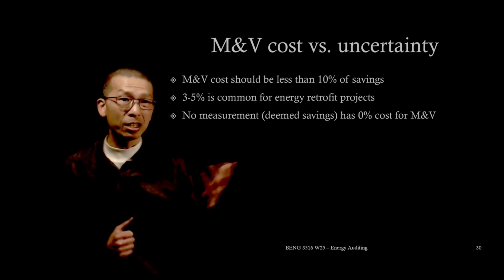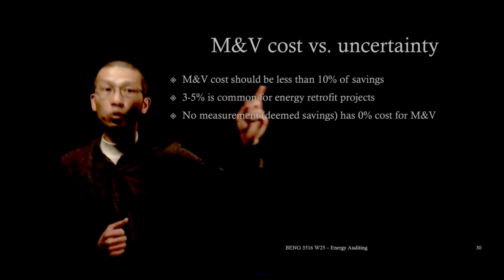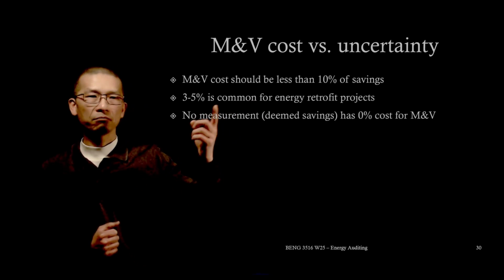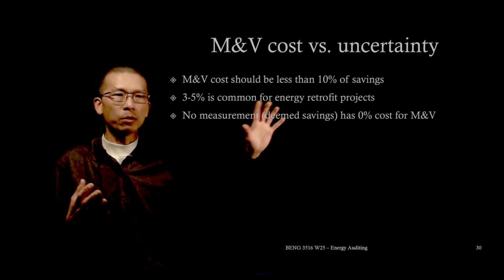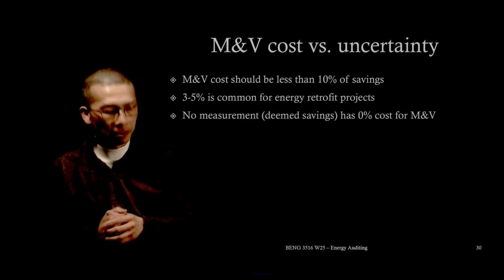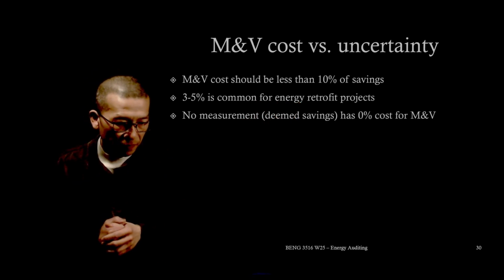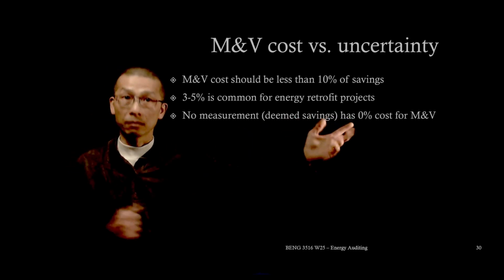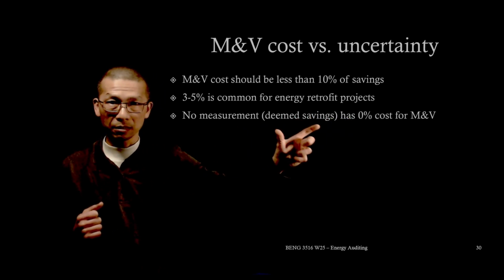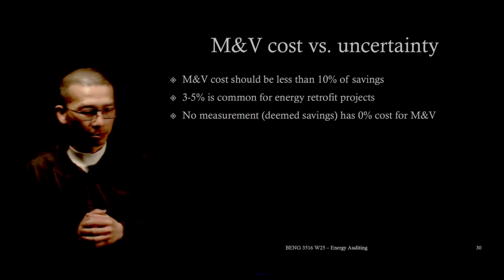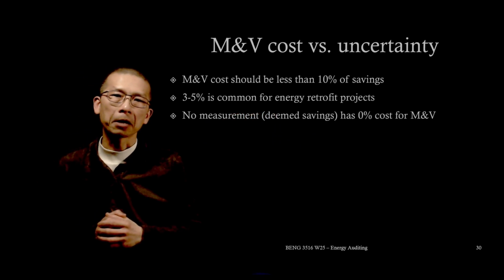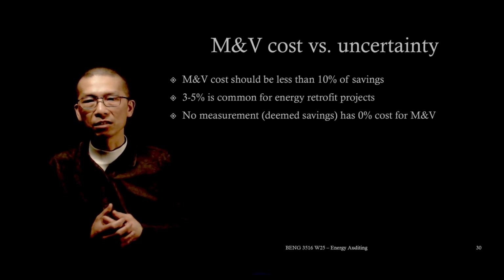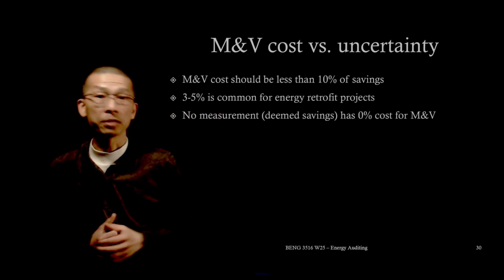Okay. So in general, the MMV cost should be less than 10% of the savings. Ideally, 3 to 5% is common for energy retrofit projects. And if no measurement, then 0% cost, but the savings are deemed savings. For many energy retrofit projects, MMV expense falls within this 3 to 5% range.